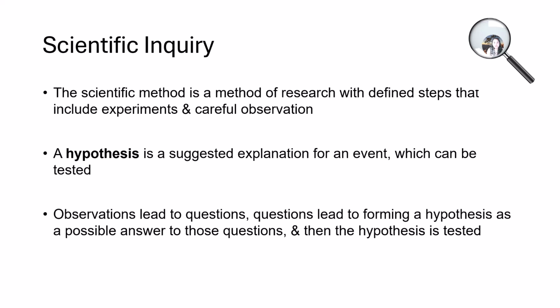So observations about something lead to questions. Questions lead to forming a hypothesis. So you might have that question and then think, maybe it is due to this. I think it could be due to this, or if I change this, then this will happen. So questions lead to forming a hypothesis as a possible answer to those questions. And then you would test that hypothesis to see, is that what ends up happening?